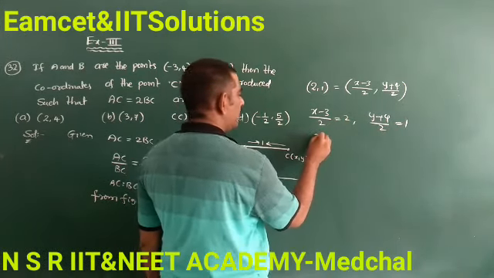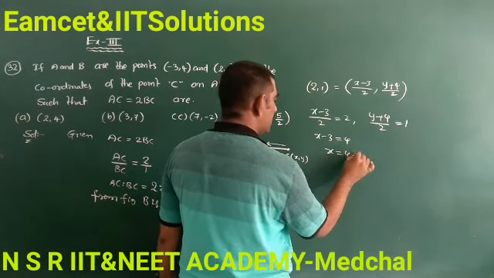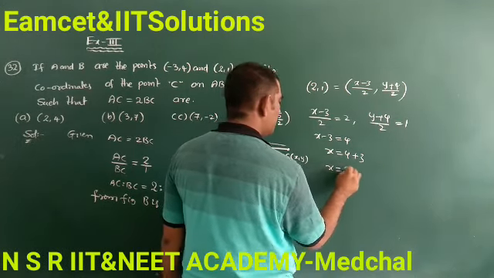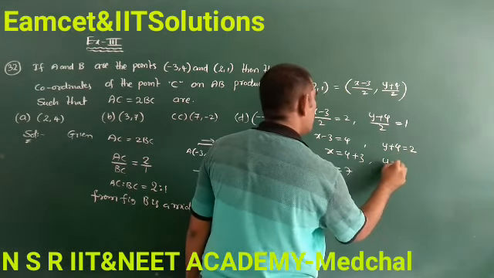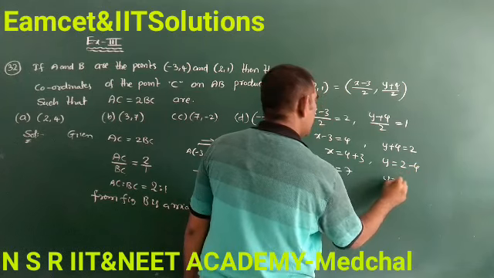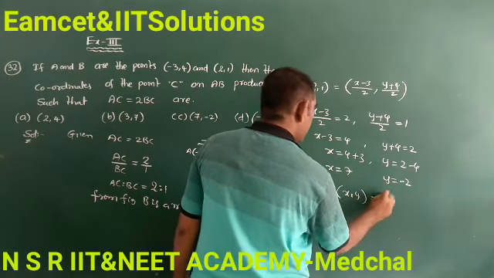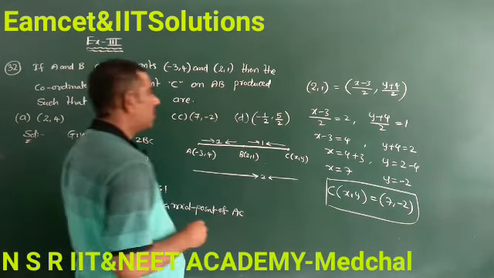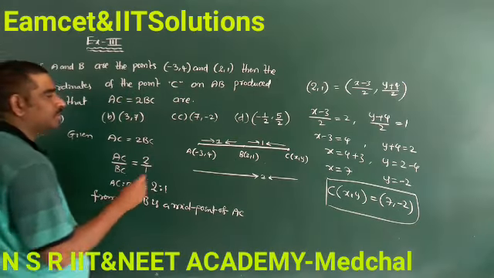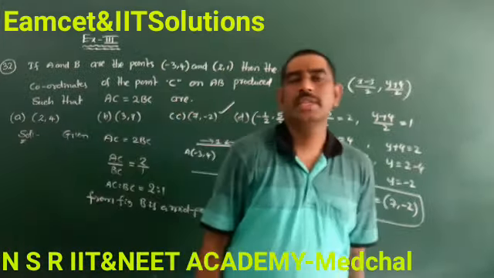So 2 twos are 4, x minus 3 equals 4, x equals 4 plus 3, x is equal to 7. Here y plus 4 equals 2, 2 minus 4 we get minus 2. So point C becomes (7, minus 2). So our answer is C.